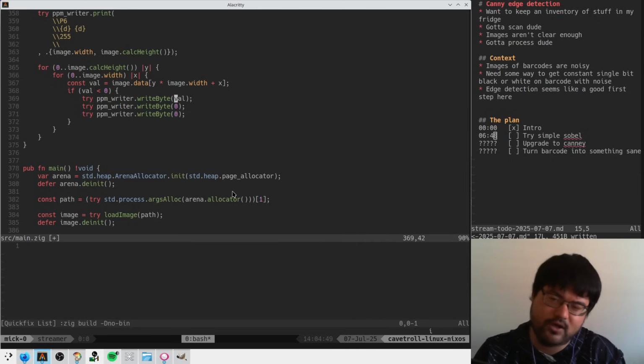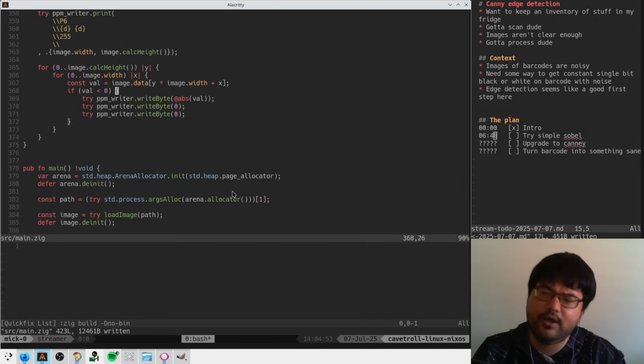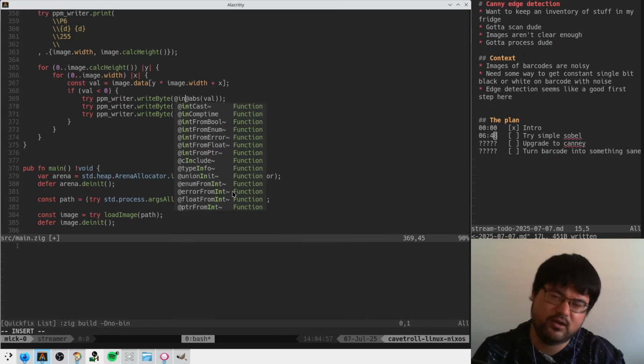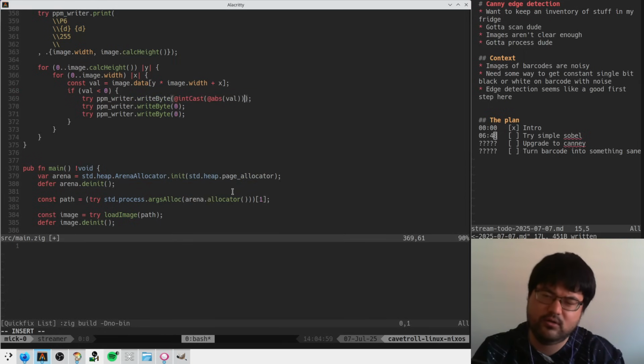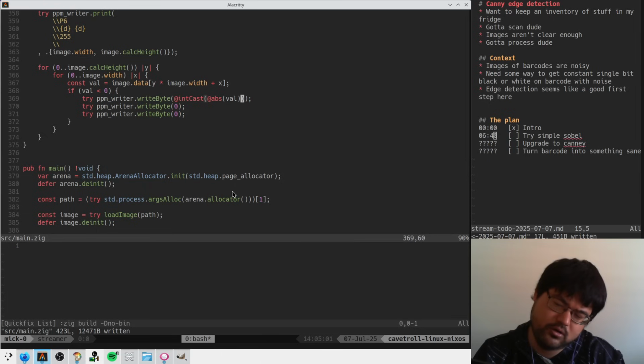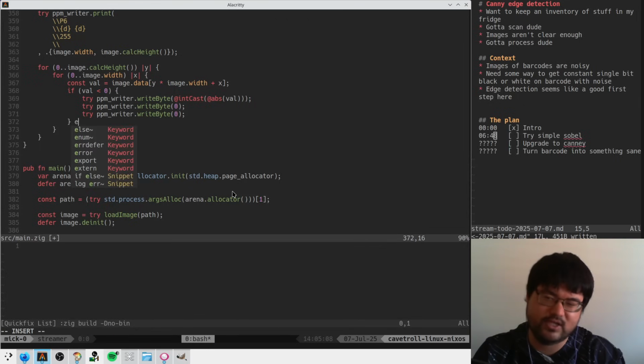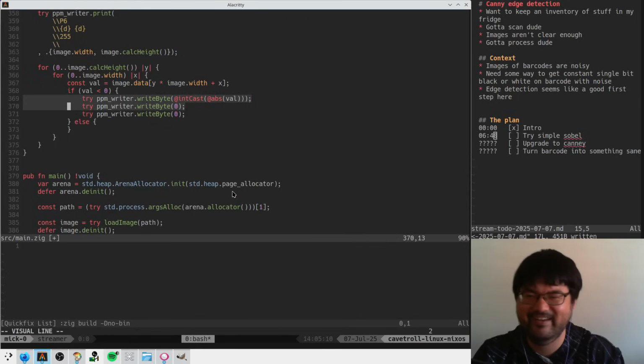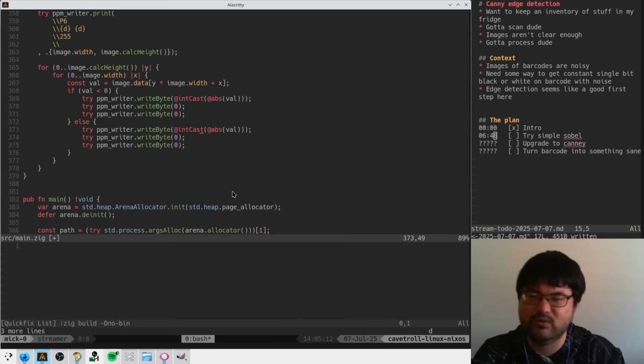But this needs to be the absolute value. And then I think the int cast here might be wrong. We might have to think about this a little bit. It might be out of bounds of a U8. But it'll crash if that's the case, and then we can fix it then. Otherwise, we write it as the blue one.